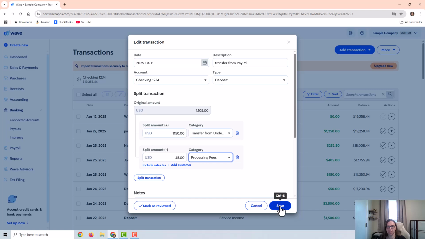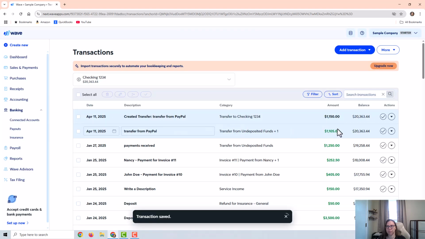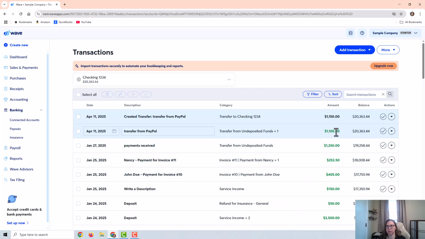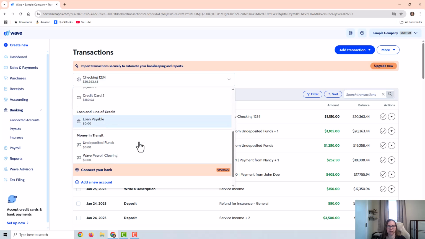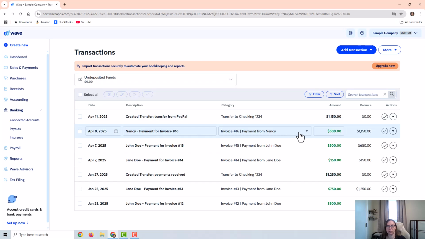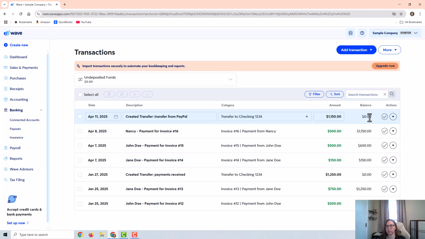So I could go ahead and save this. And now it shows me the net deposit, which is a transfer from PayPal in checking. If I go back over to undeposited funds, now it shows a zero balance because this balance has been zeroed out, transferred in full to checking minus the fees. And then if I were to run a profit and loss, it would show those processing fees of $45.